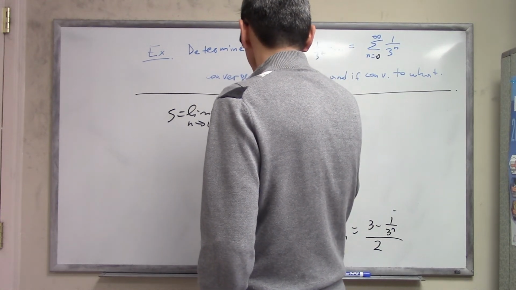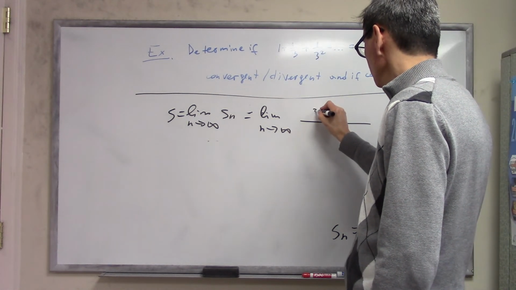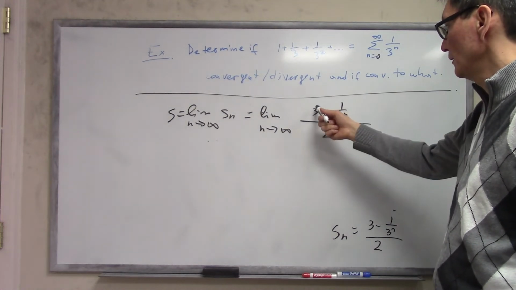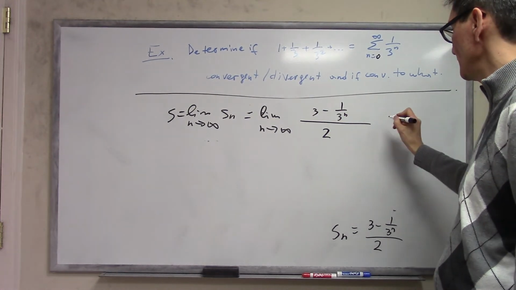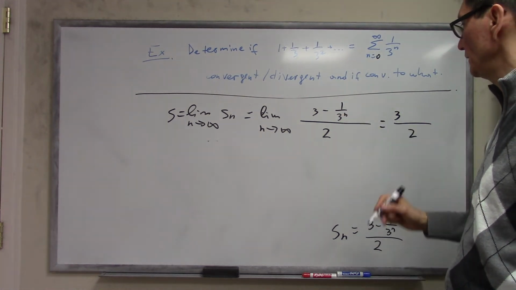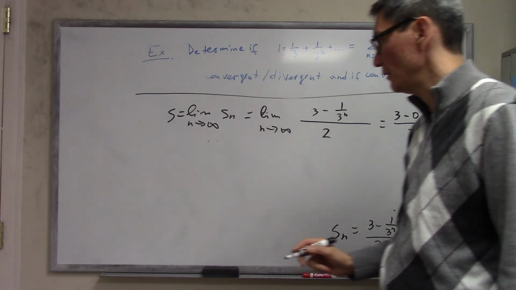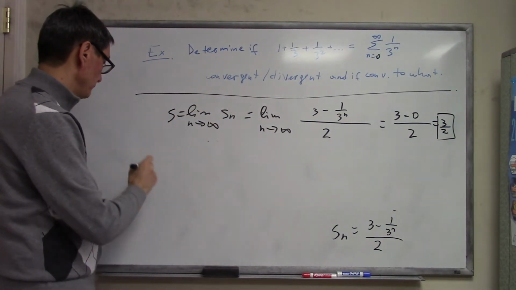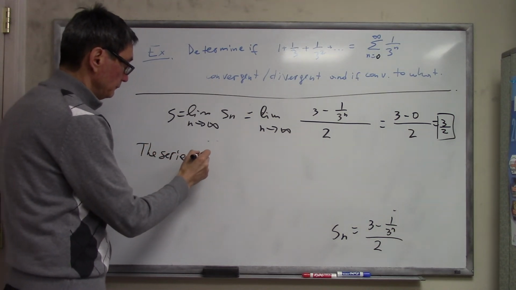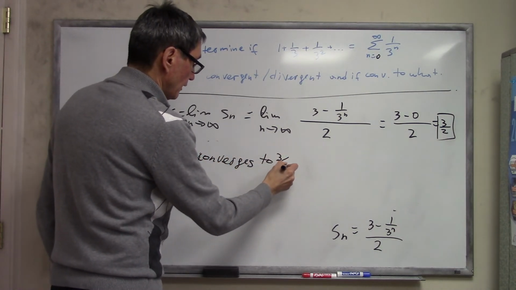We have our formula for the nth partial sum. Notice that when n is approaching infinity, 3 stays and 2 stays. They're not changing. And 3 to infinity is infinity, 1 over infinity is 0. So our answer is going to be 3 halves. So the series converges to 3 halves.